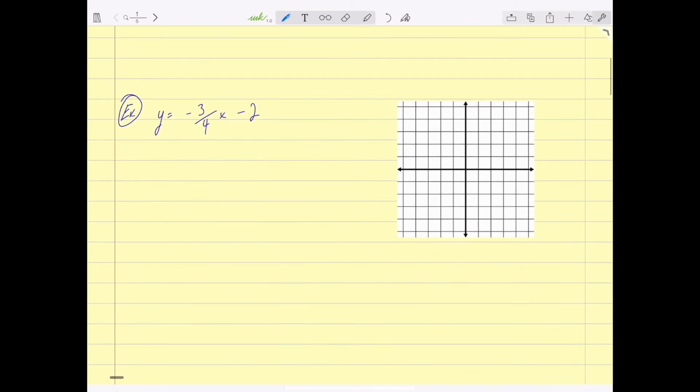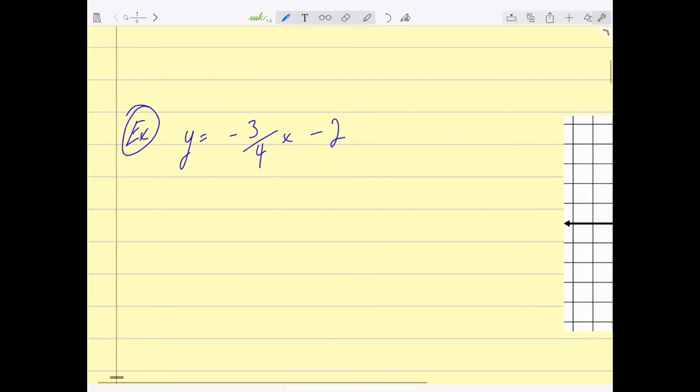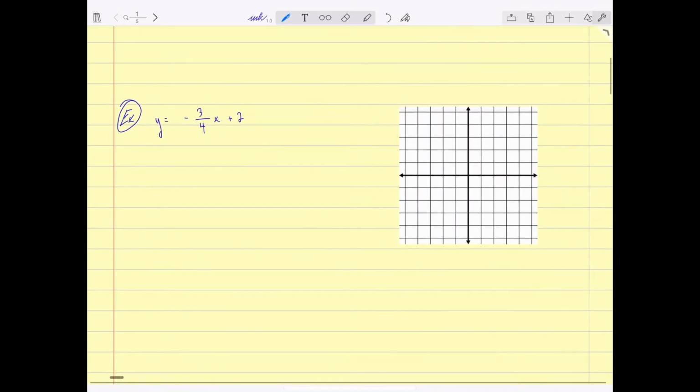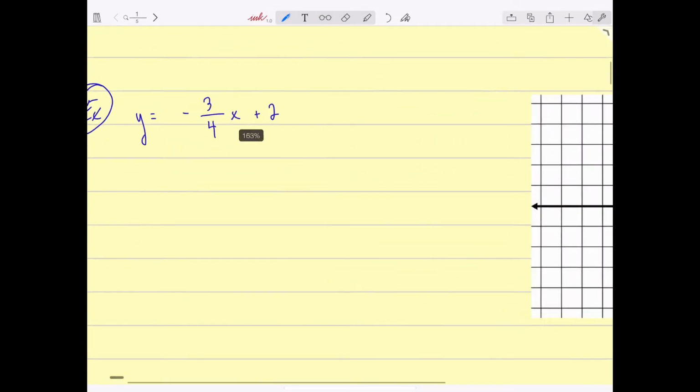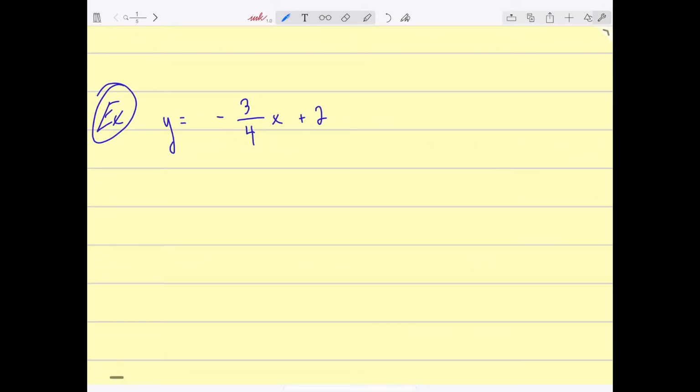Okay, so I'm going to clean this problem up just a little bit. So I'm going to write it a little more vertically. Okay, so we're going to try this again. And in this case, you can see that the slope is different, but the 2 is still your y-intercept.